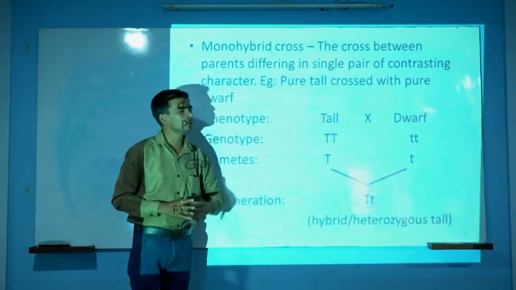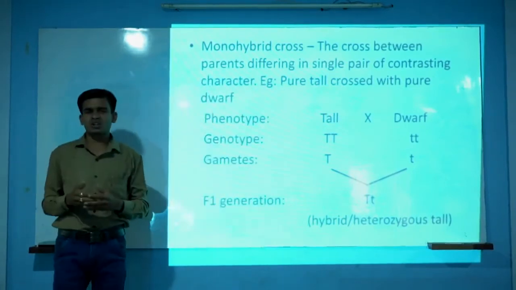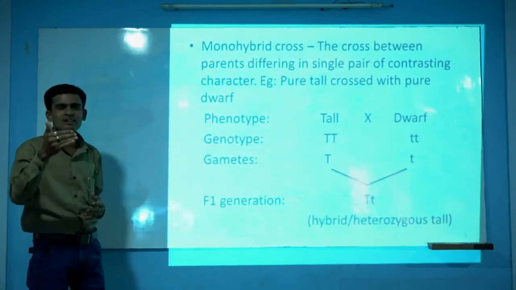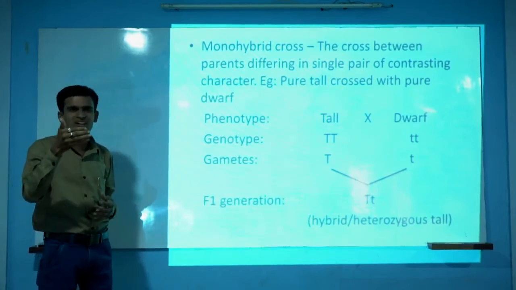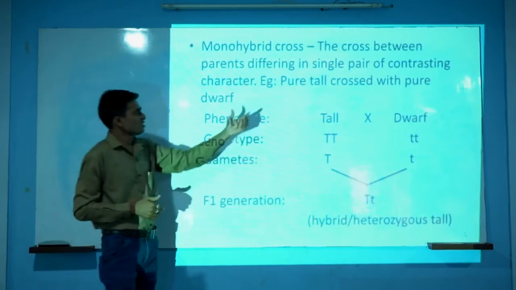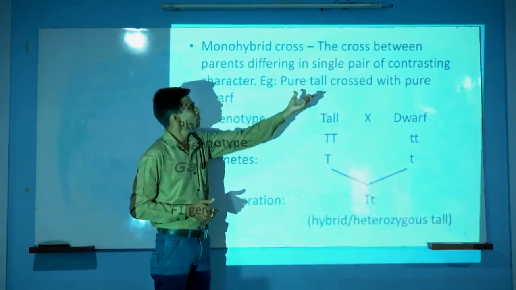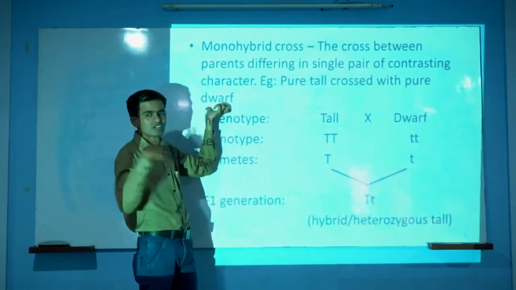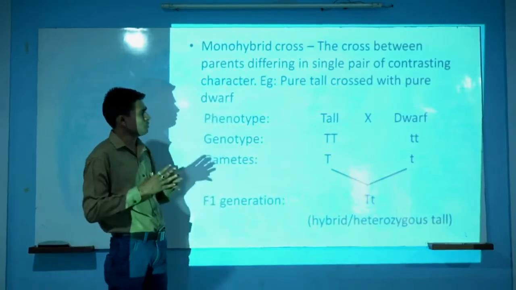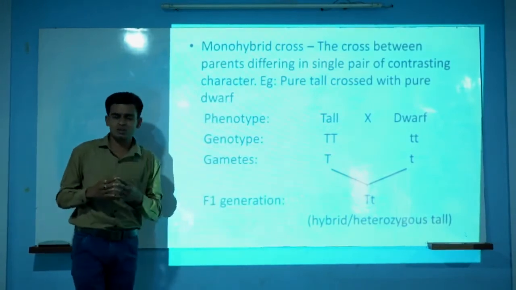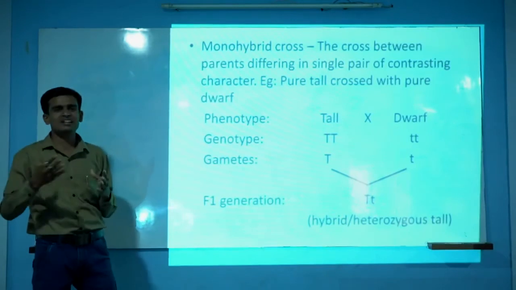So pure tall, homozygous tall, means similar genotypes, similar genetic constitution. In the same way, pure dwarf has a similar genetic constitution. So these two parents are there. One acts as a male, another acts as a female.